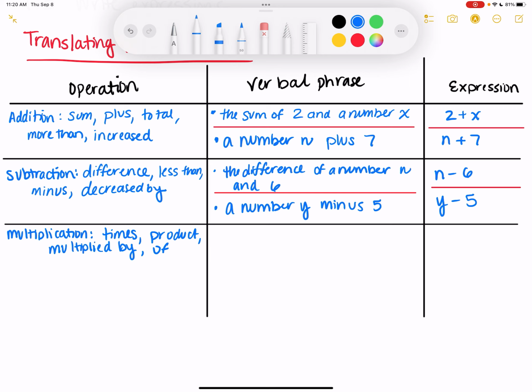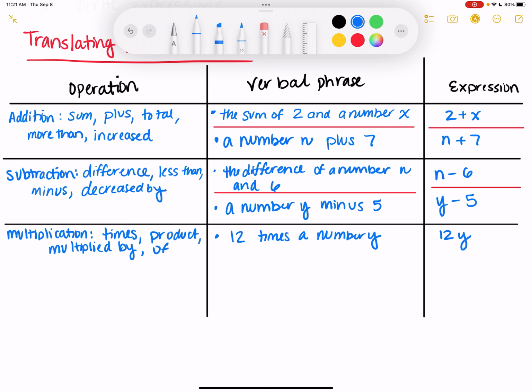That one probably sounds a little weird, so I'll show you an example of what that looks like. The first phrase would be something like 12 times the number y. And if you see that, it would just be 12 and a y.